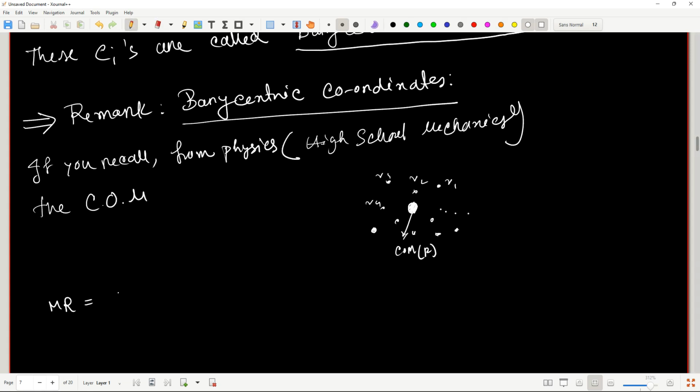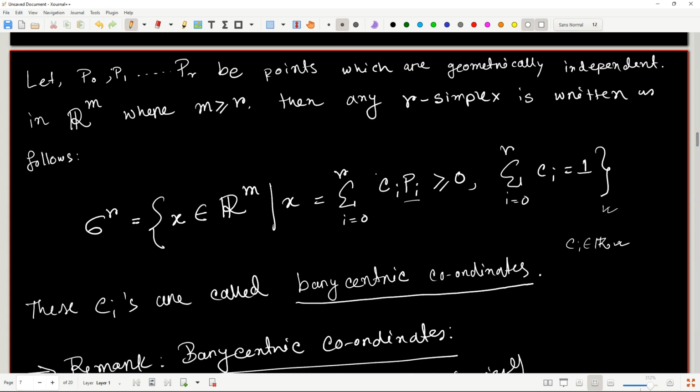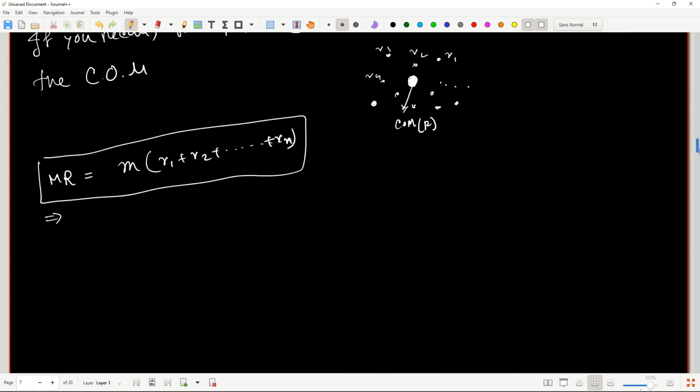For our discussion, let's say all the M's are the same, so this is R1 plus R2 plus R3 and so on up to Rn. This is how we would compute the center of mass. If you look here, this definition of the center of mass is almost similar to this summation over here, but the only constraint is that the summation of these coefficients is equal to 1.